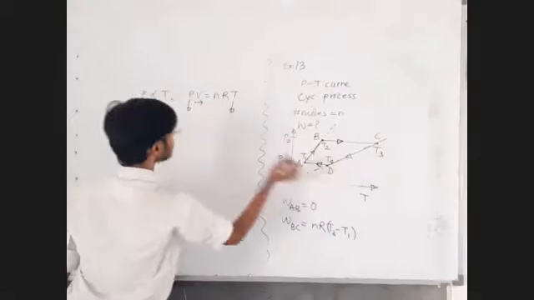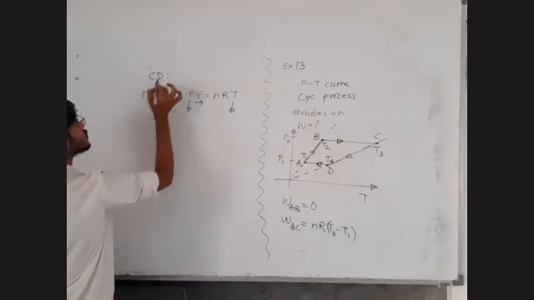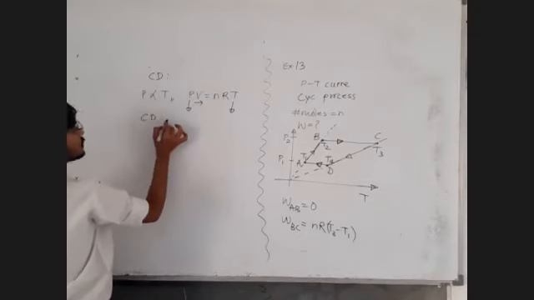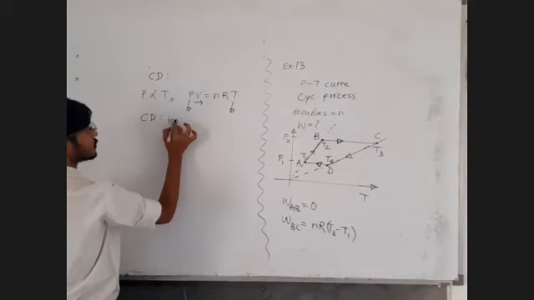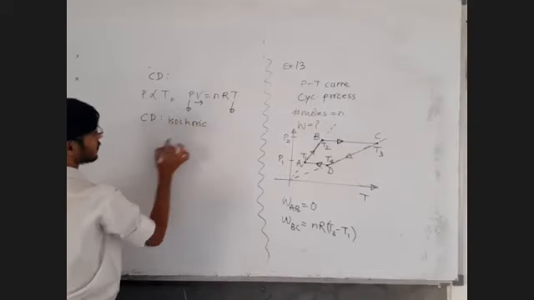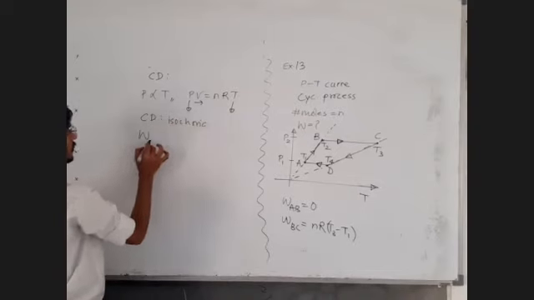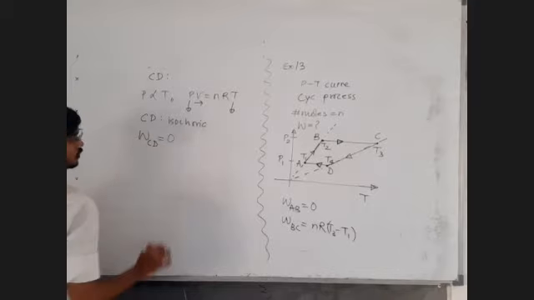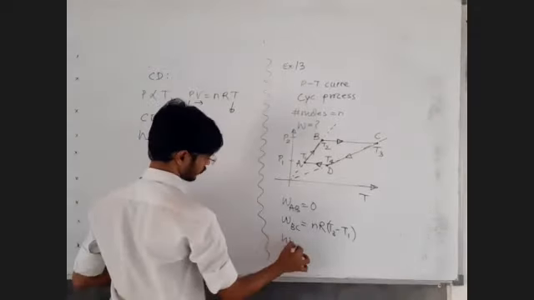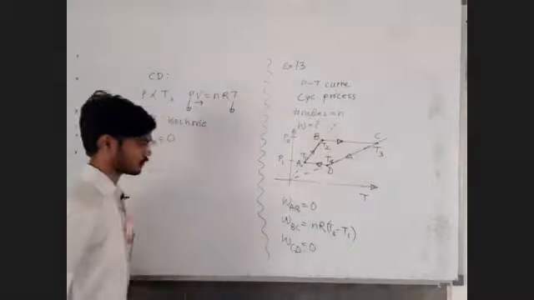So the process C to D comes out to be isochoric again, and we know work done in the isochoric process is equal to 0. Work done in the process C to D is equal to 0.